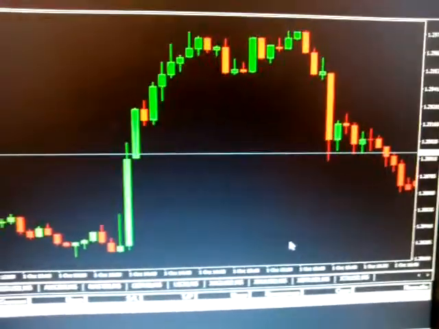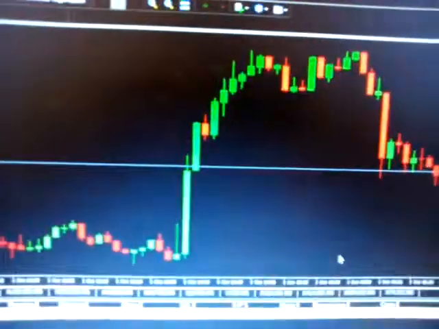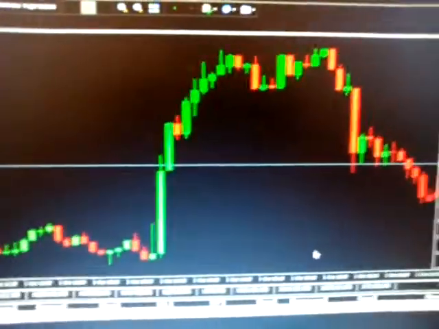So the market is rather ordered in different time frames.